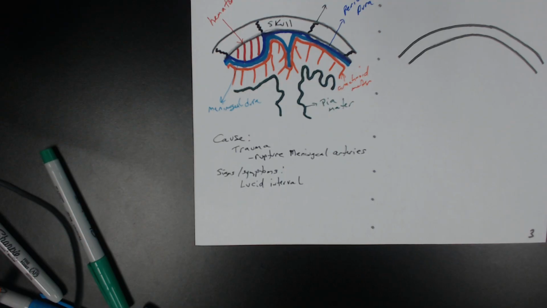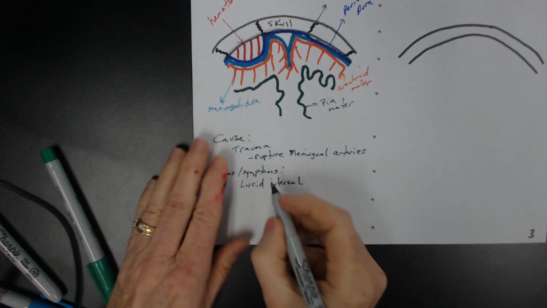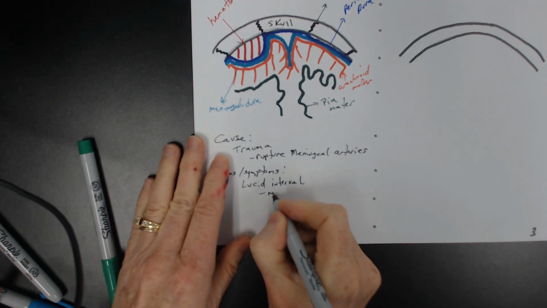Family gets him up, and he seems to be fine, no problems, his head hurts a little bit, it's kind of sore there, but he's okay. And then 2 or 3 days later, he's non-responsive. You can't wake him up. He's in a coma. Okay? The lucid interval is the time between the bump on the head and when he went into a coma. So in other words, he's normal post-trauma, but then non-responsive.